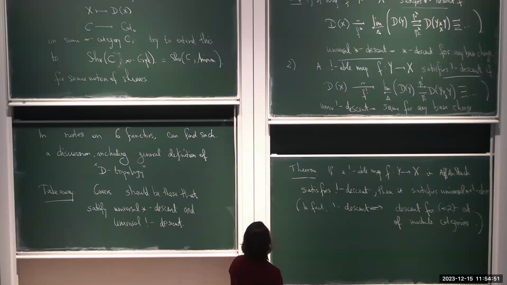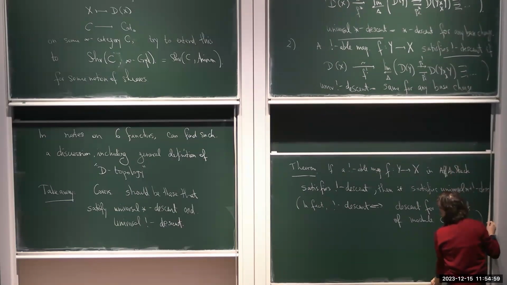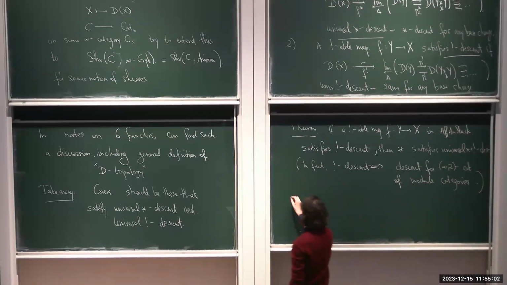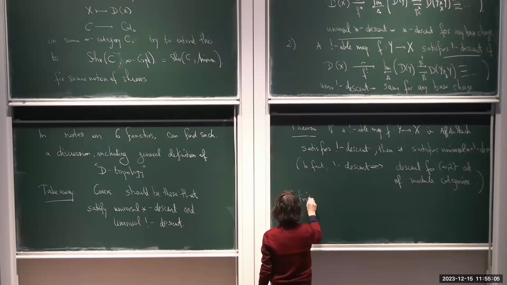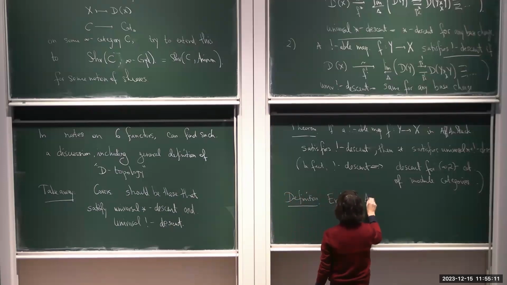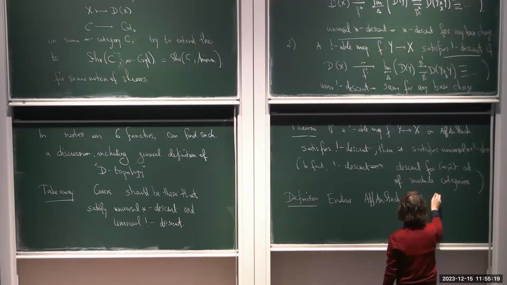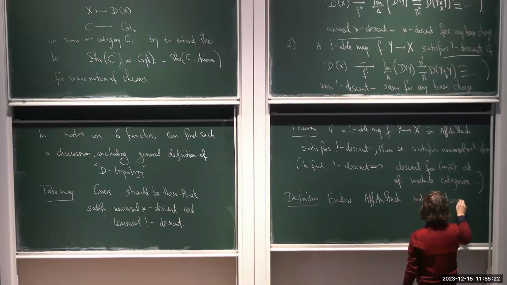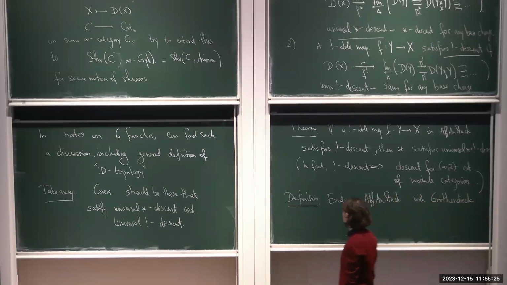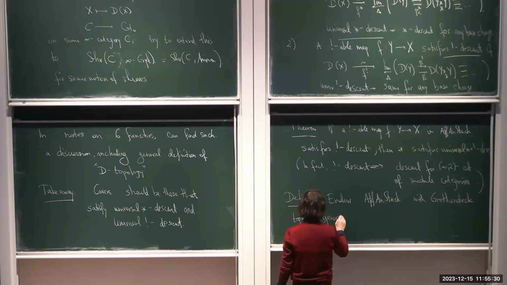So let me just end by giving the definition of the Grothendieck topology. We endow F-analytic stacks with a topology, generated on the one hand just by finite disjoint unions.